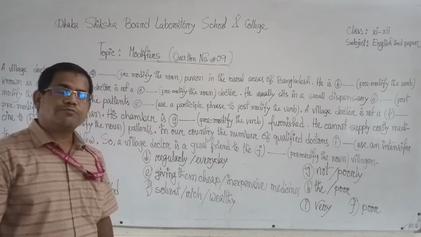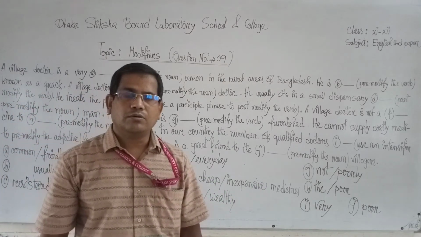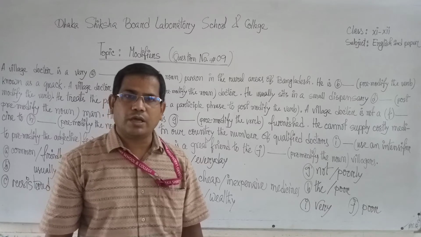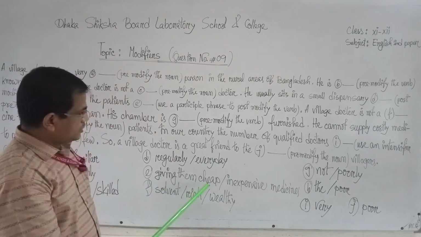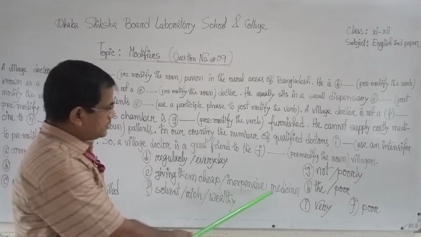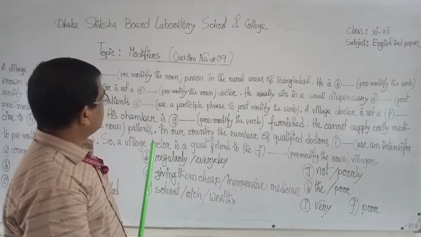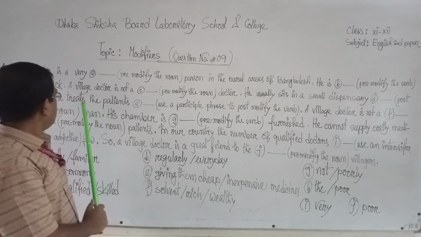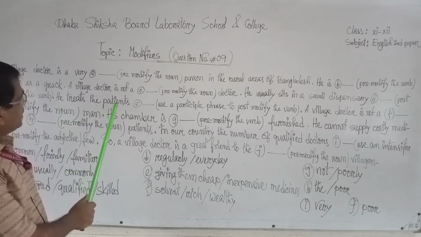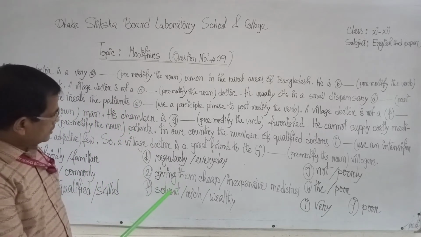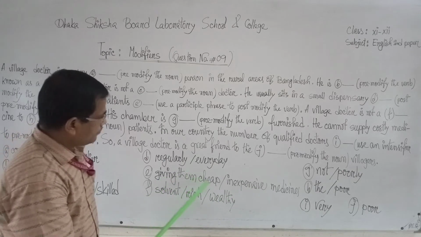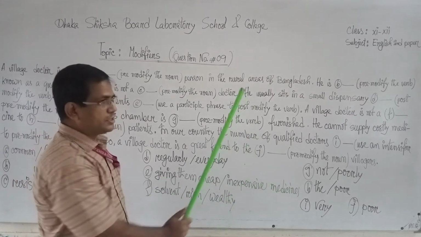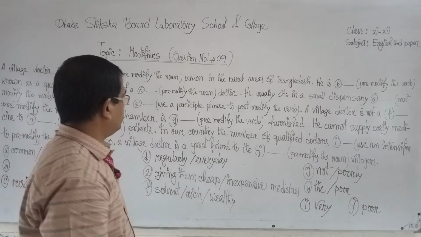A phrase is formed with more than one word. That's why giving them cheap or inexpensive medicines. That means he treats the patients giving cheap medicines, or giving them inexpensive medicines. Your answer is here.